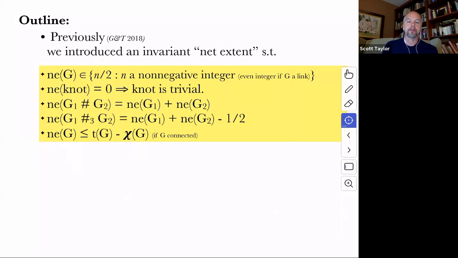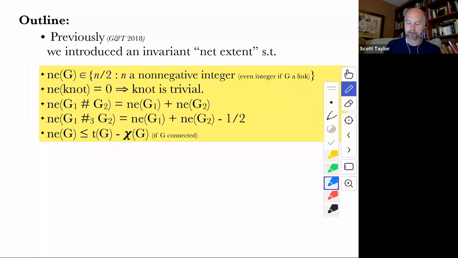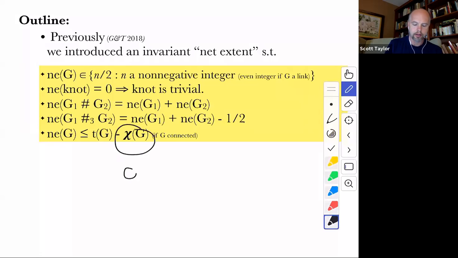And then, I've claimed things about tunnel number, so there better be a connection to tunnel number. Basically, tunnel number is an upper bound for it. When we're talking about a knot, the negative Euler characteristic of G is 0 if G is a knot, and it is +1 if G is a theta graph.